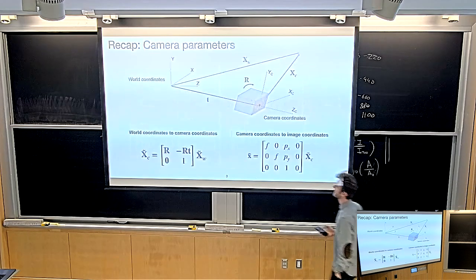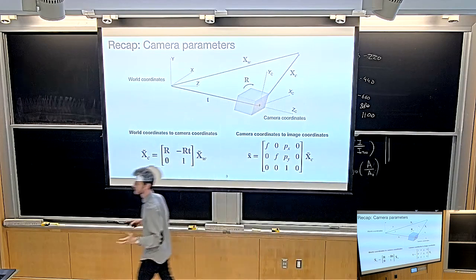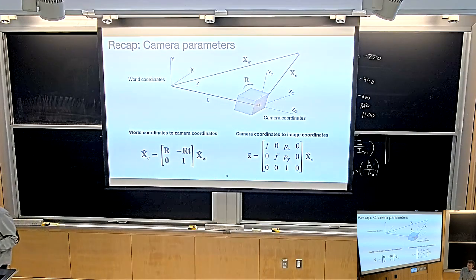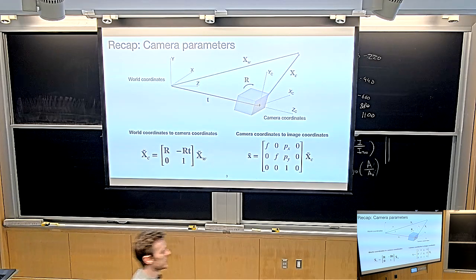And we used these homogeneous coordinates to conveniently introduce a set of matrices that are the convention of denoting camera parameters, namely the camera pose and the camera intrinsic parameters. We introduced this world to cam matrix here, which basically takes a 3D homogeneous world coordinate to 3D camera coordinates.